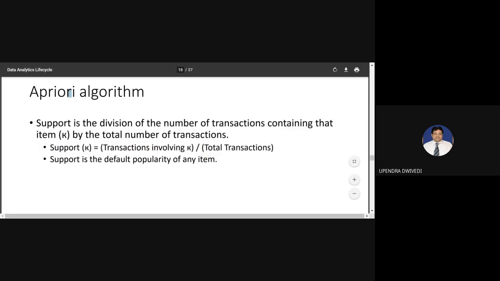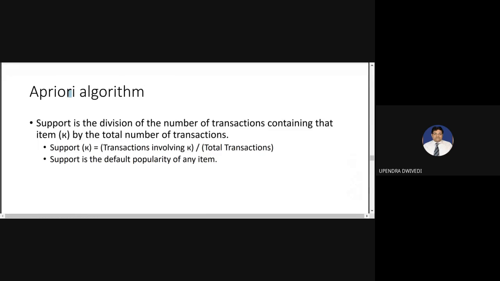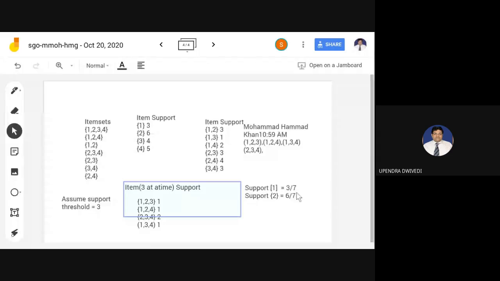Support is the default popularity of any item. By calculating the support of each and every item, you can find out which is most popular. Let us calculate the support of 4. It will be 1, 2, 3, 4, so 4 by 7.